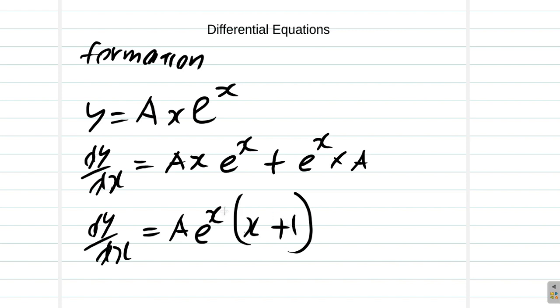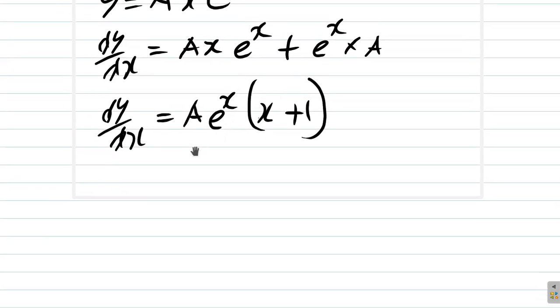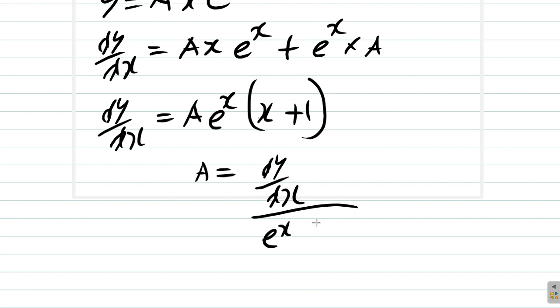Alright? Now, we want to get rid of the a. So, let us transpose to make a the subject. a would be equal to dy by dx all over e to the x times x plus 1.